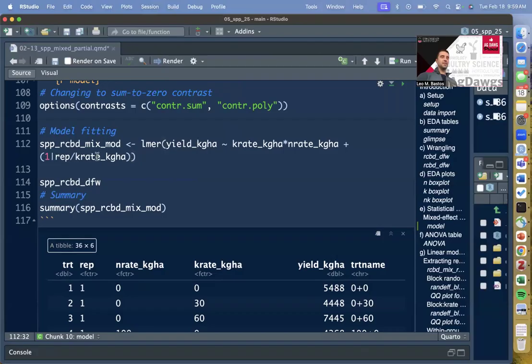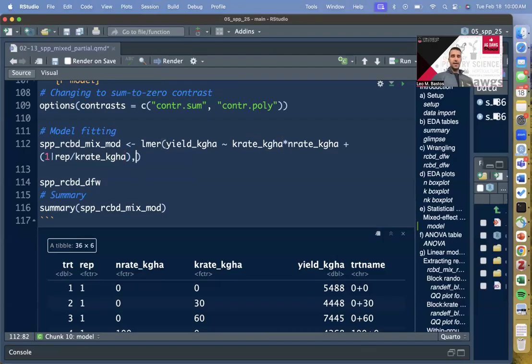But the idea is always that you have your largest level of replication, which is your block, and then you nest consecutively from the largest to the smaller one, leaving the last one out. So the variance associated with that goes to your residual error, the e_ij of the model.